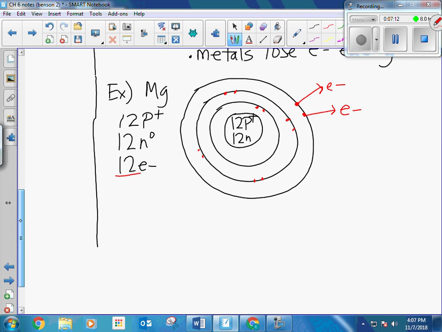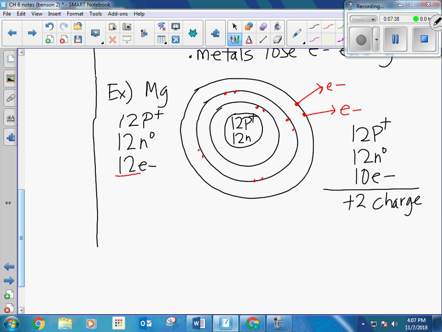So we can see before, magnesium has 12 protons, 12 neutrons, 12 electrons. After, it's still going to have 12 protons, 12 neutrons, but now it only has 10 electrons. If I look at the charge there, I have an excess charge of plus 2 from losing the electrons, and I have extra proton charge.